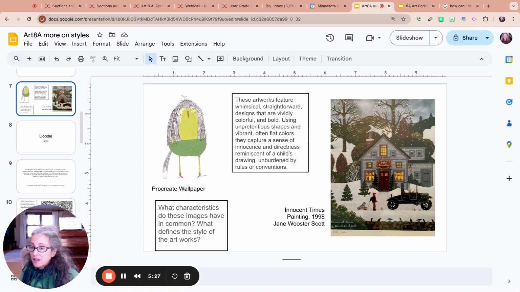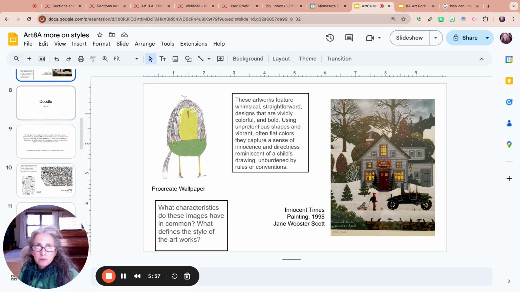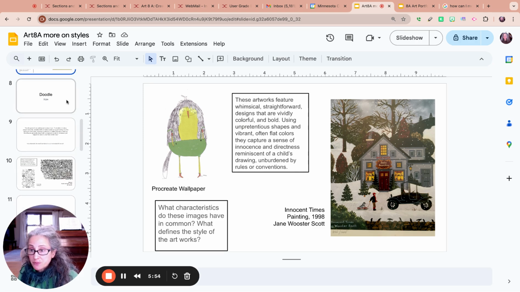And you might say unburdened by rules or conventions. Just really the way you would depict something in a very childlike manner. Like think back to grade school and how you drew and how it just naturally came out as a way to represent the world around you.